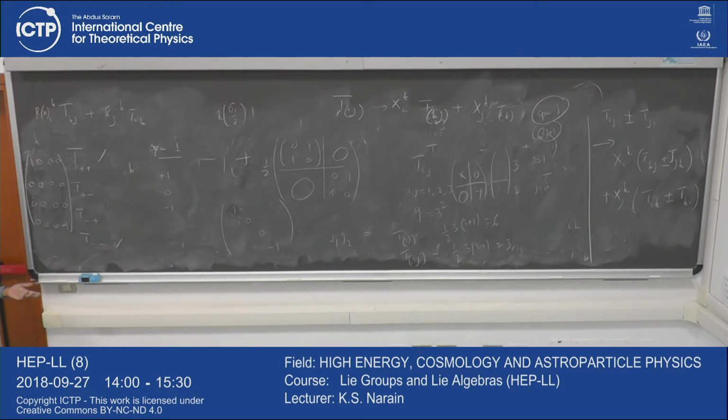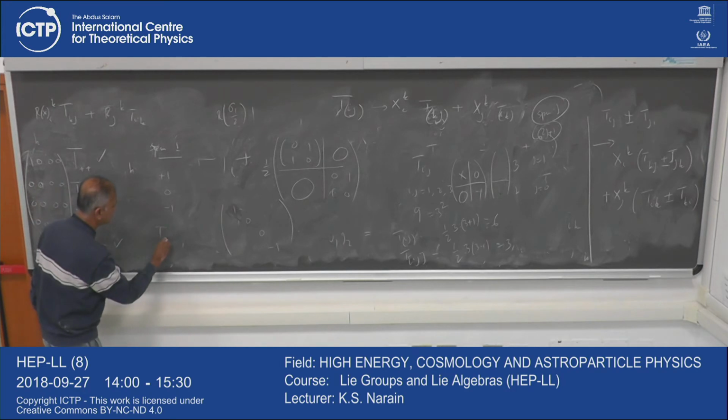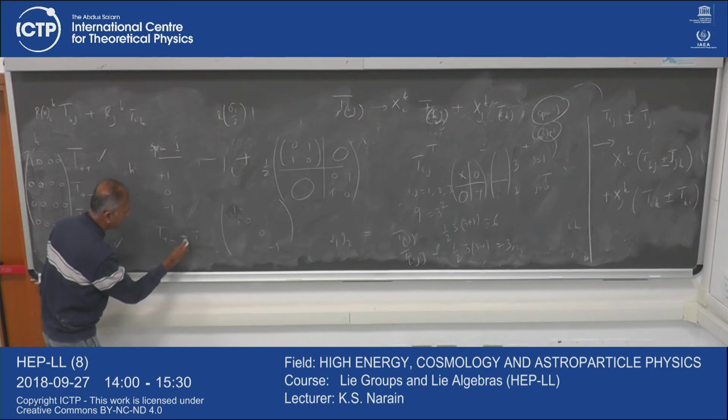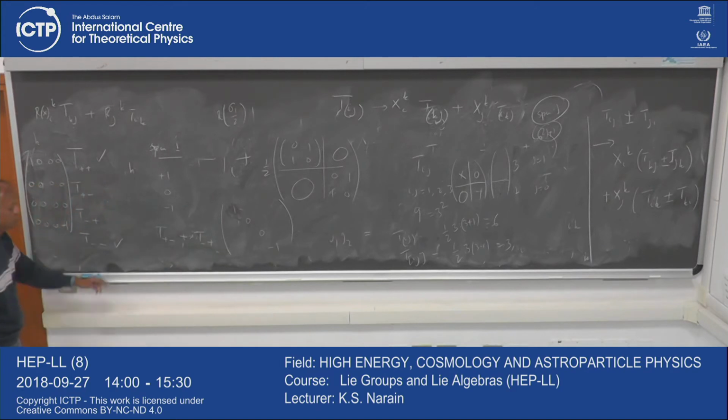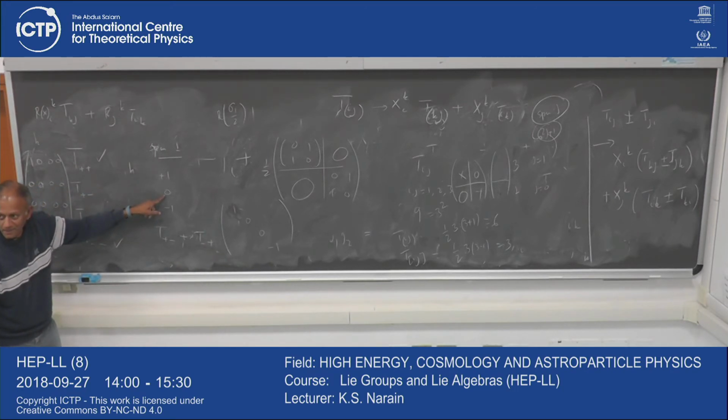But then what is left over is the other combination. Let's say some combination, t plus minus plus some coefficient x times t minus plus. Let's suppose this is what that state is.